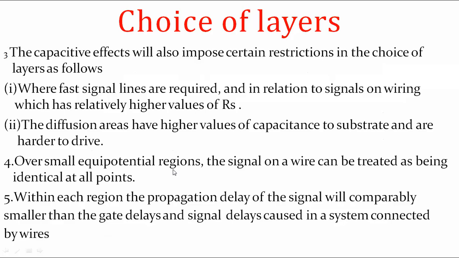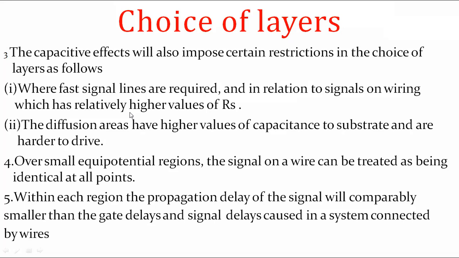Next, the capacitive effect will also impose certain restrictions on the choice of the layer. How do we reduce the capacitive effects? First is the resistive effect, second is the capacitive effect.